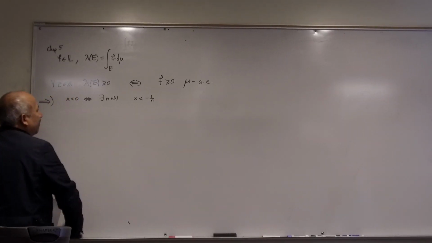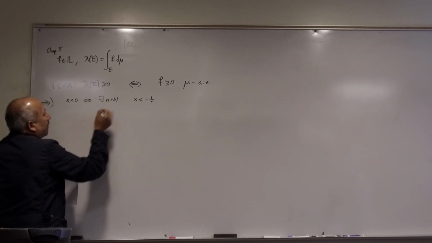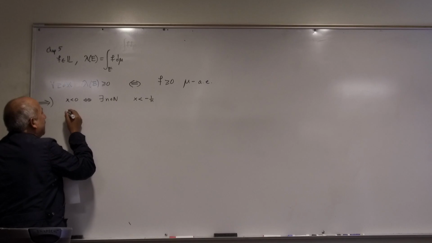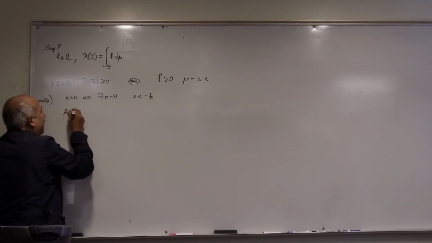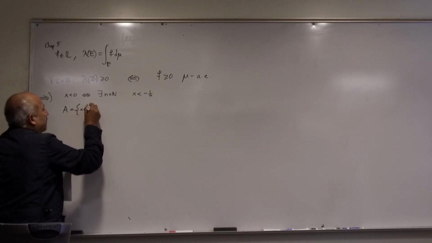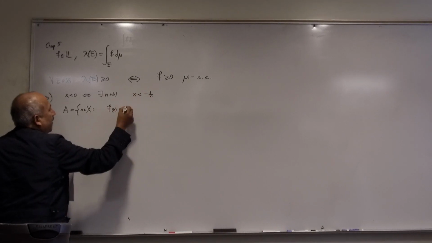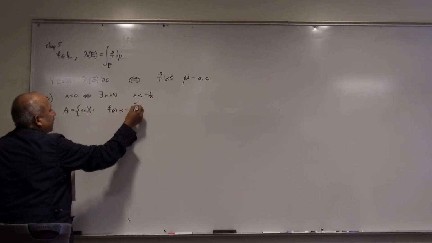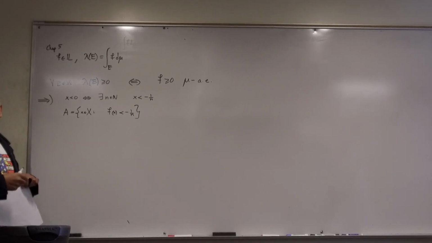Based on that fact, you consider the set A equal to the points in the universe such that f of x is less than -1 over n. And we apply the usual technique.